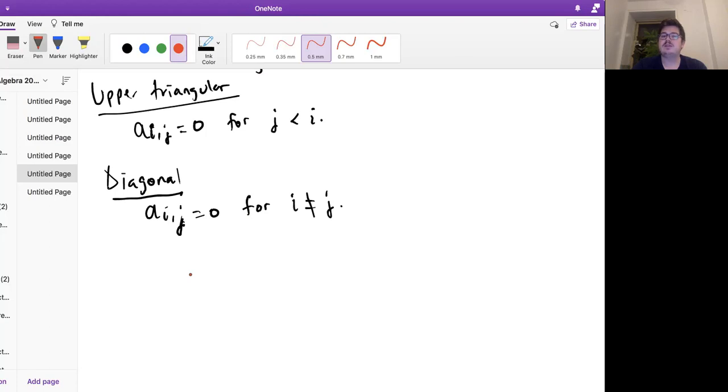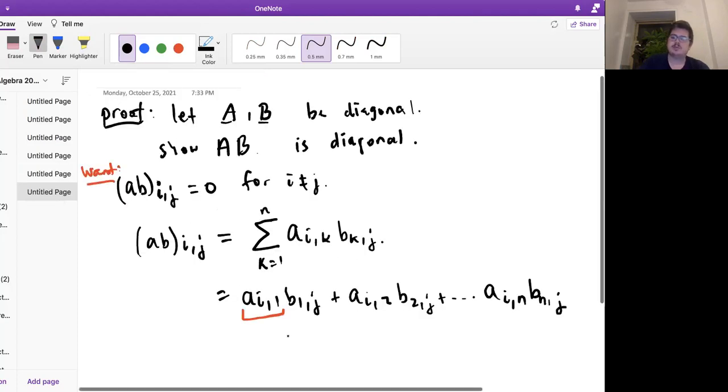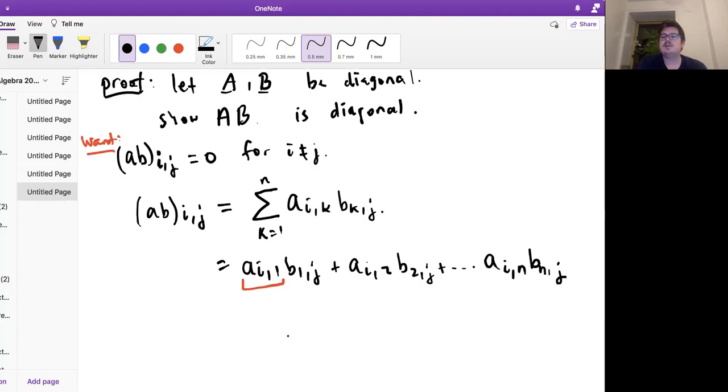So another way you could say it is Aij is only possibly non-zero when i is equal to j. So, for example, if I want to look at ai1, is that 0?